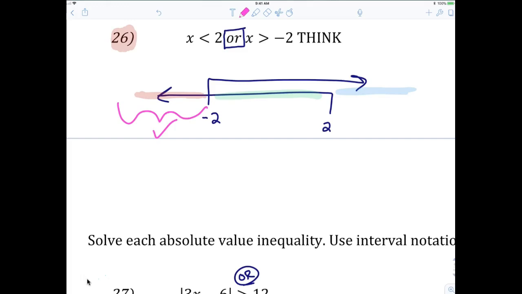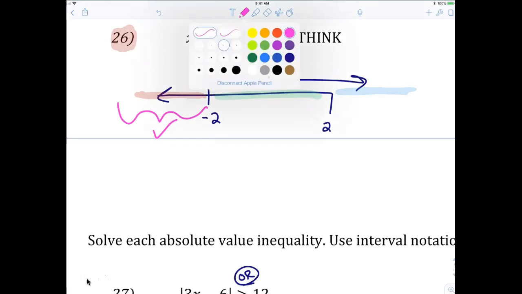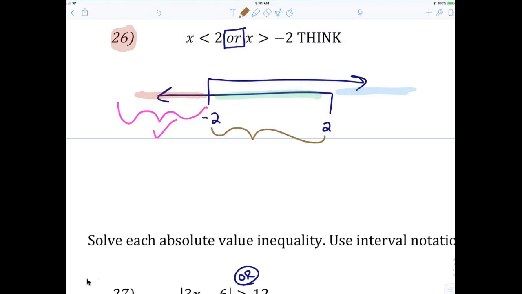Now, please pay attention. In this statement right here, anything in here, I'm both of them. Do you hear what I'm saying? From -2 to 2, I am greater than -2 and less than 2. So does that satisfy one of the conditions? The answer would be yes.